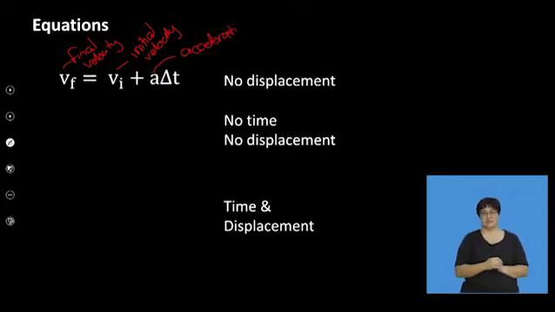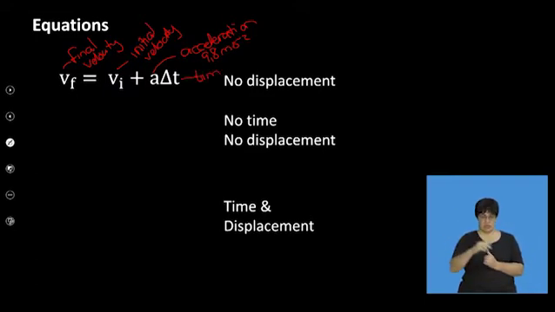And for our purposes, it's always acceleration due to gravity, so it's 9.8 meters per second squared. And t, of course, is time. And we use this equation when we have no displacement.